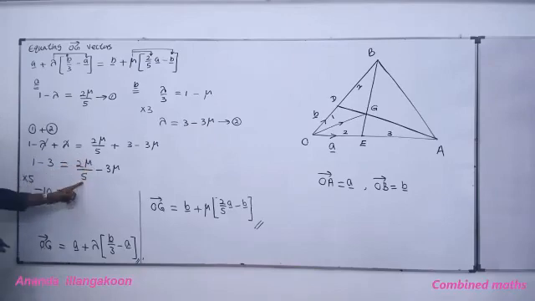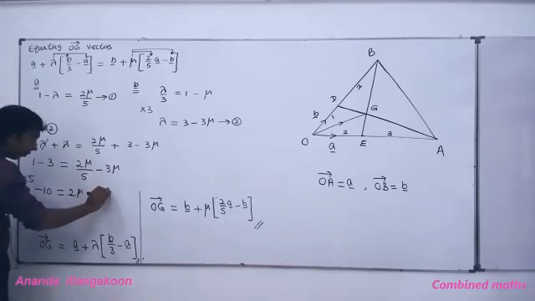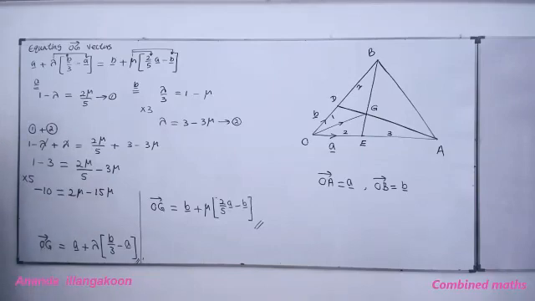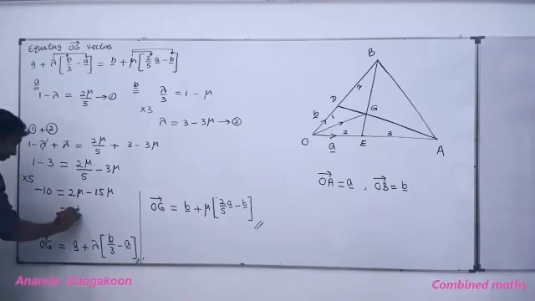When you multiply this by 5, we get 15 mu. 2 mu minus 15 mu means minus 13 mu.